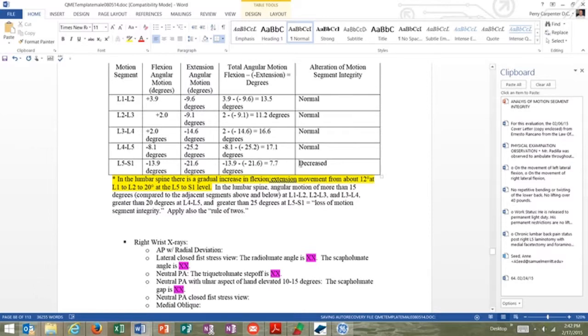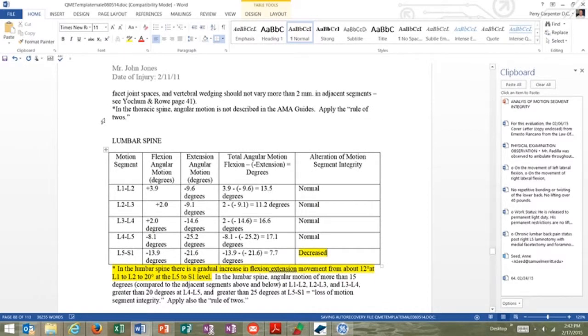So if you conclude that indeed this is an area of decreased intersegmental motion, and in your opinion that finding correlates with the mechanism of injury and all the clinical findings, you could then conclude that that segment has an actual loss of motion segment integrity and could qualify for permanent impairment. And the permanent impairment opinion begins here with your angular measurements.